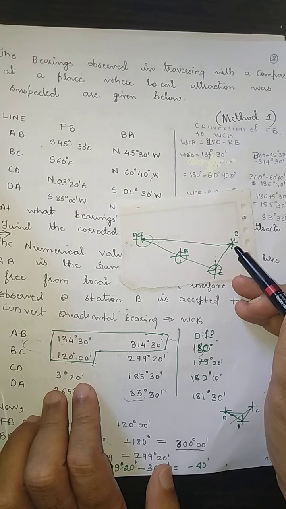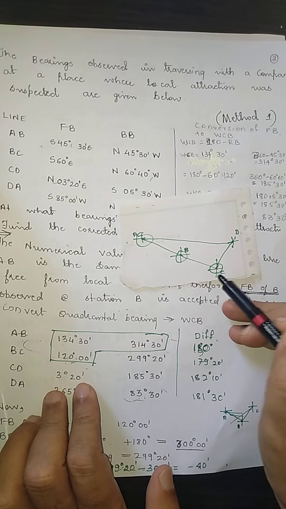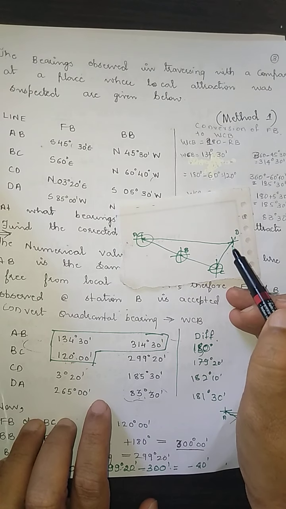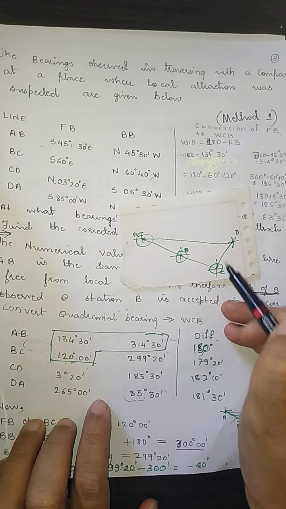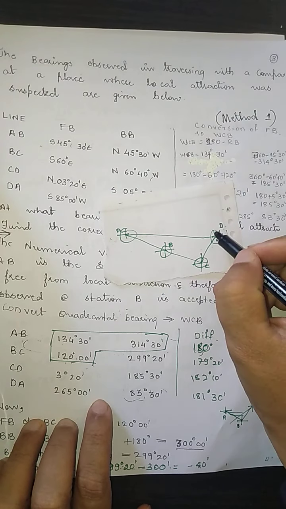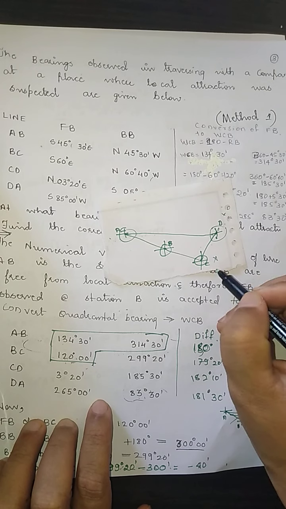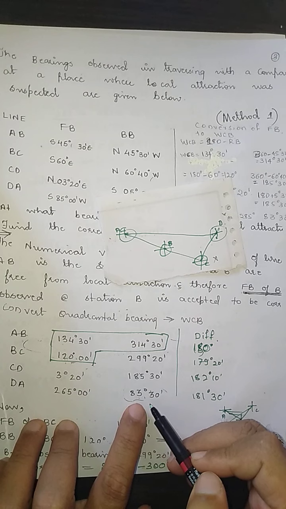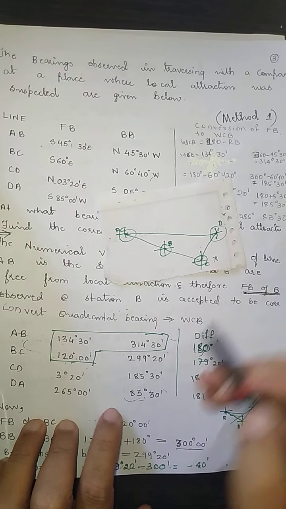So the fore bearing and the back bearing of the line DC we need to change. Then for DA, the readings are not correct, so we need to change 265 degree and 83 degree 30 minutes.